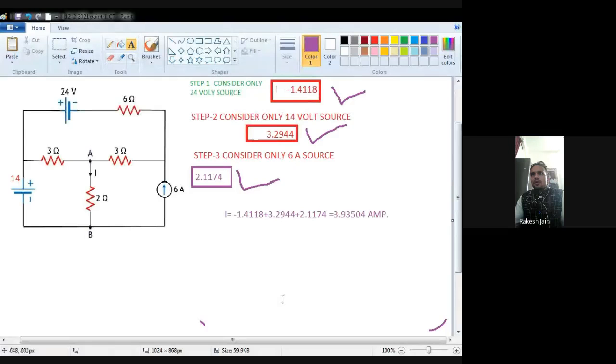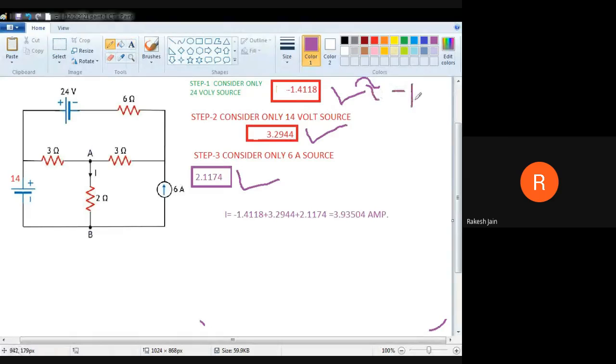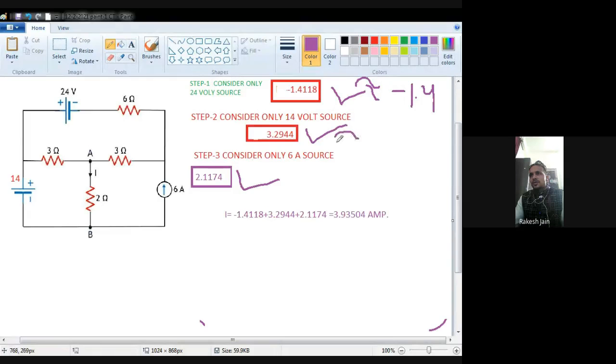Okay, so this is I3, but we have to find the value of I1. Now see, 5I1 minus 3 multiplied by I3, and what is I3? Minus 2.471. Minus 3I3 equal to minus 12.